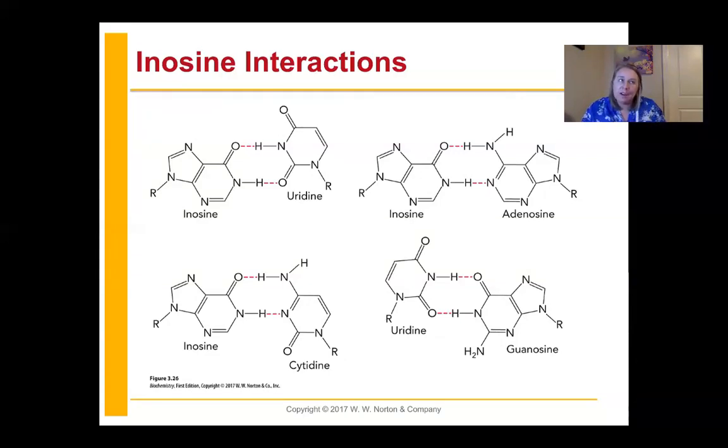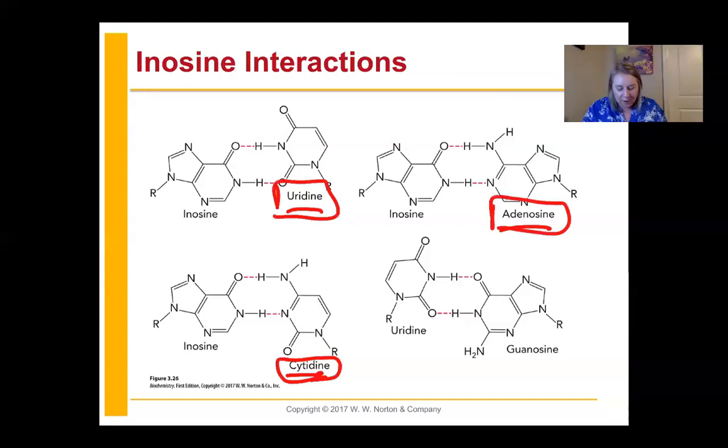But we have tRNAs that have anticodons with the nucleotide inosine, and this is a base and a sugar. And this base can pair with cytosine, it can pair with uridine, it can pair with adenosine, guanosine, oh, not guanosine, take it back, not guanosine, with these three, okay? 1, 2, 3, all right.